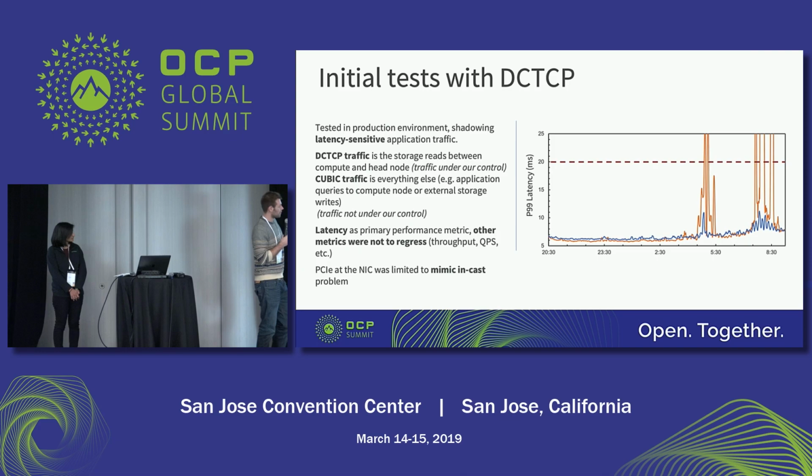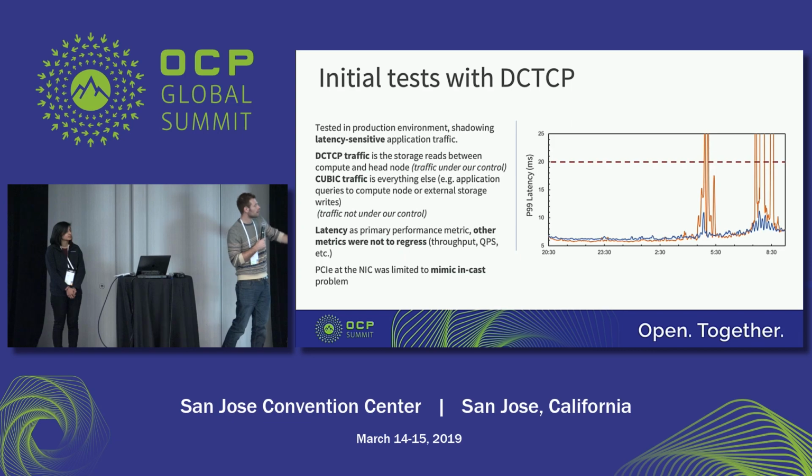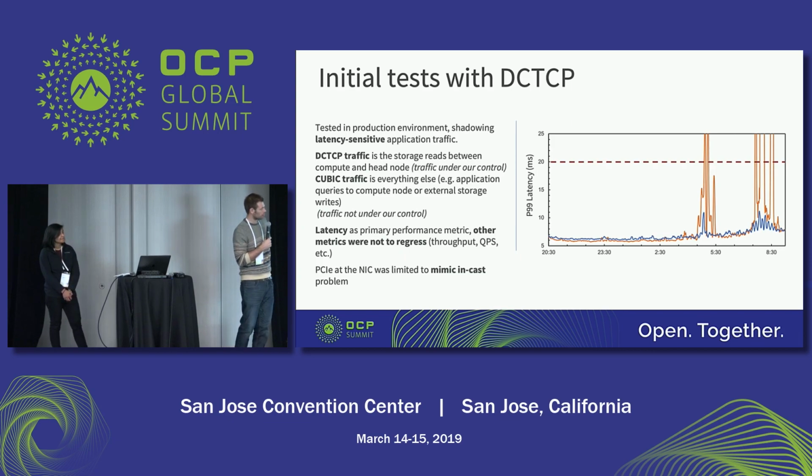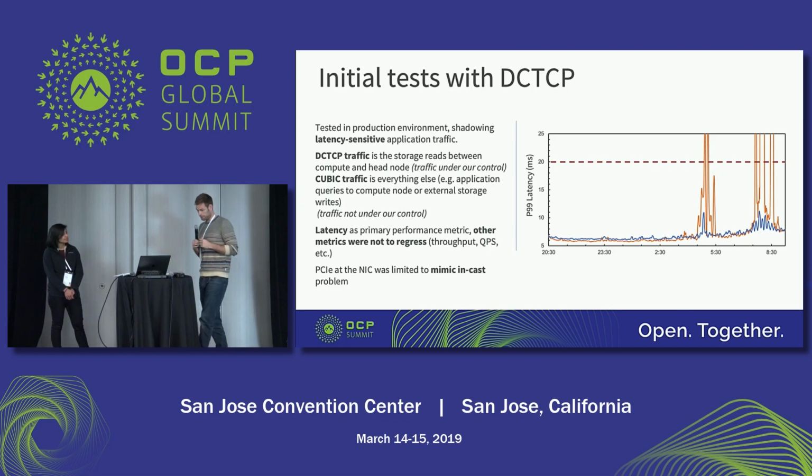And as you can see, at the peaks, which are at 5:30 a.m. Pacific time and 8:30 a.m. Pacific time, which are the peaks for East Coast and West Coast, this is a West Coast data center, we would see the spikes in the non-DCTCP, non-adaptive buffer management systems, which is the orange line. And then the blue line is what we were able to do once we added in DCTCP and buffered appropriately.